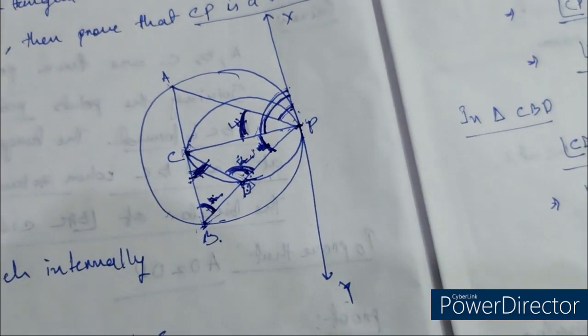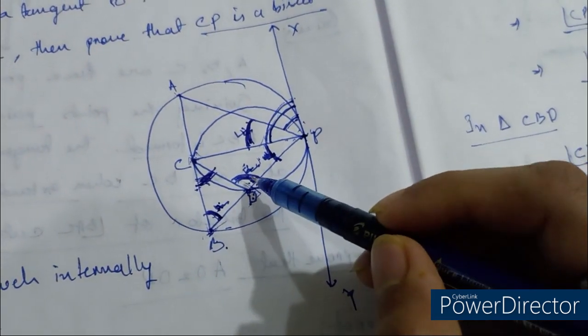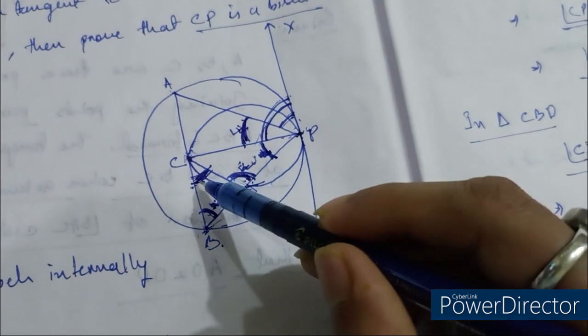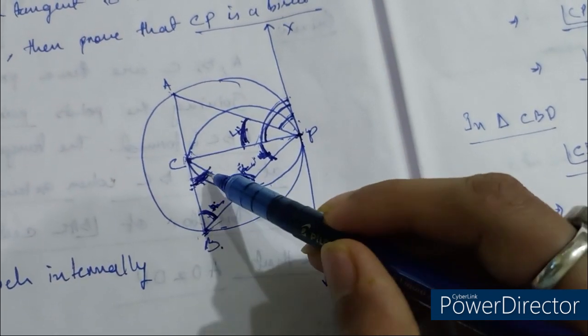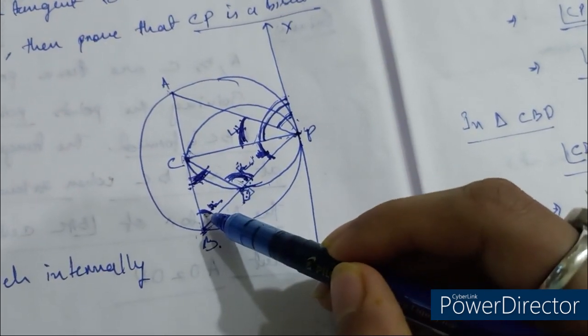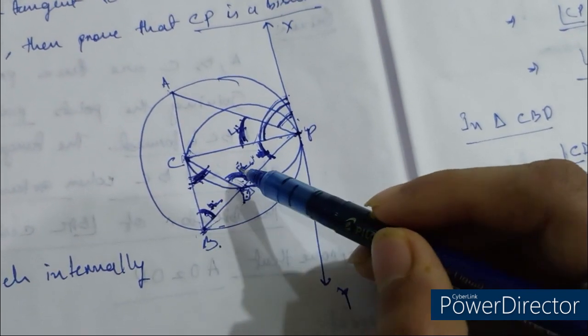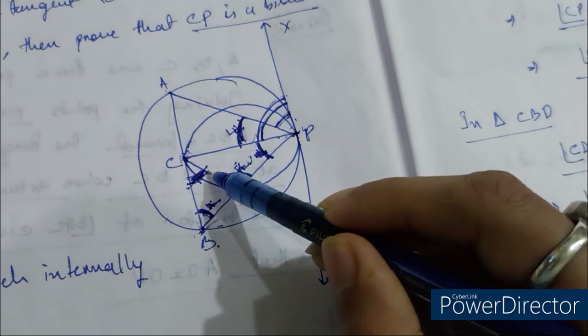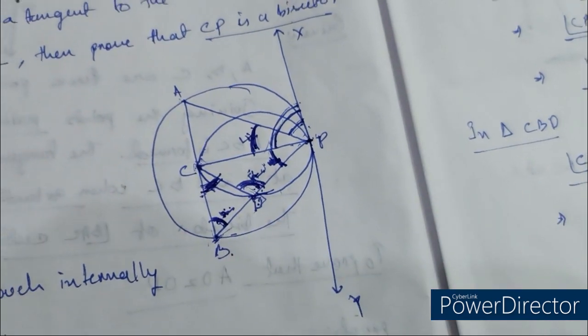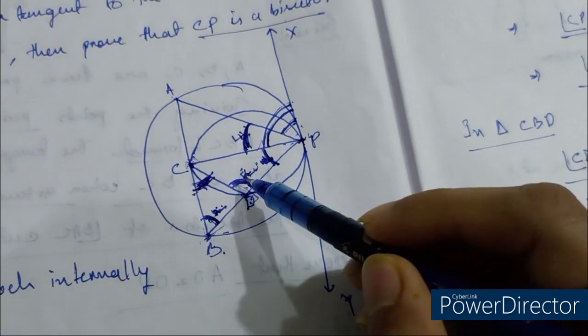That is equation 3. Next again by the exterior angle property I can say that this angle is equal to this plus this. From there I will find out this angle. So this angle minus this angle will be equal to this minus this, CDP minus CBD.